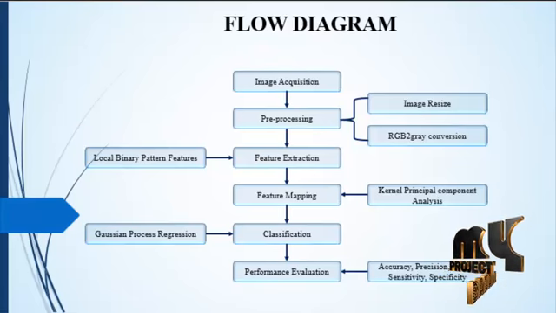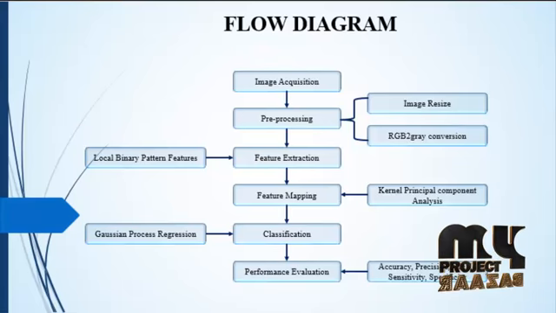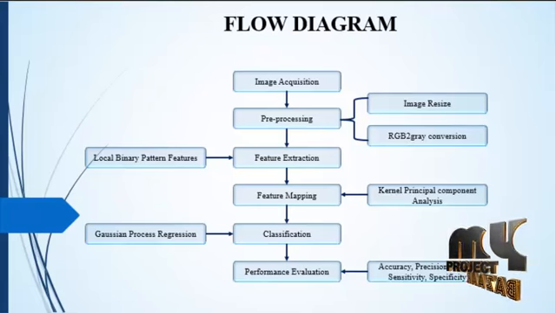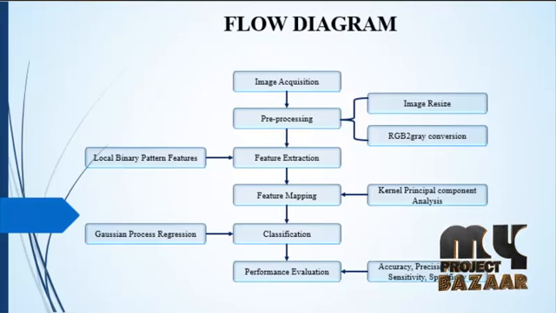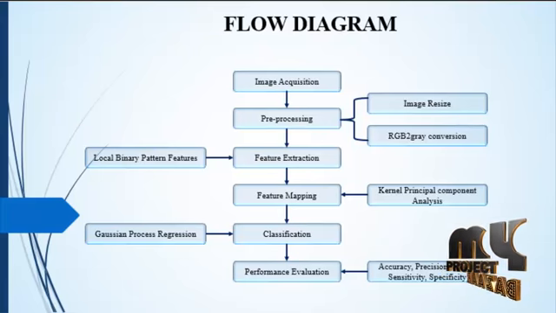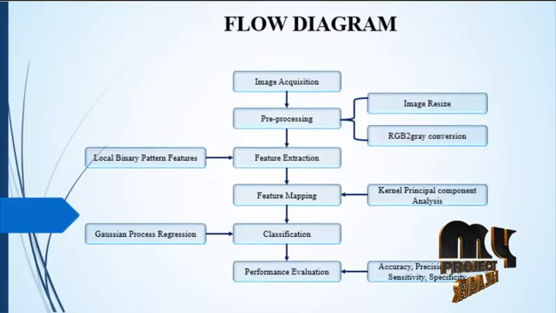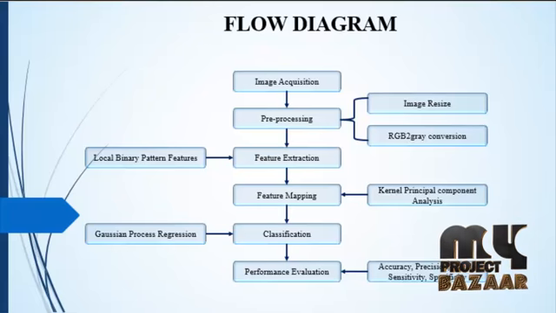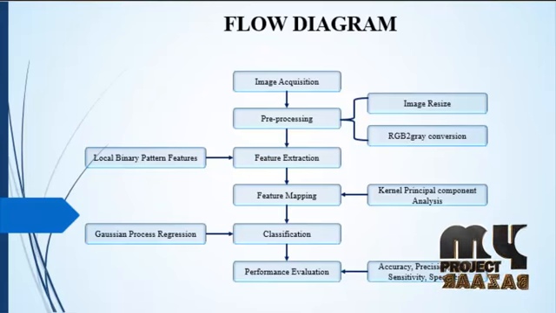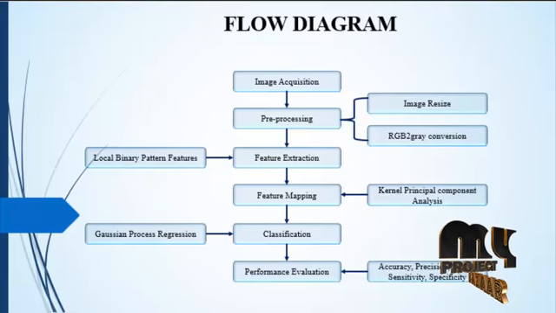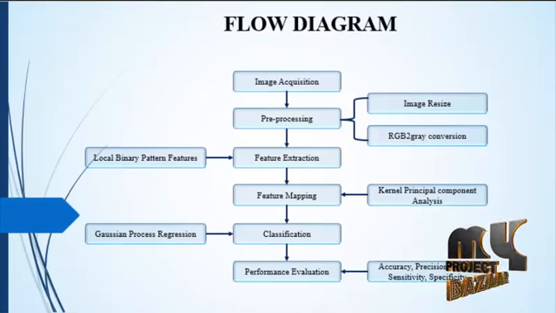The smoothness is achieved by imposing the Gaussian priors over both the data and the hyperparameters. By using this GPR method, we classify the input image as either a smoke image or a non-smoke image. After that, the performance evaluation of the system is analyzed by parameters such as accuracy, precision, recall, sensitivity, and specificity values.